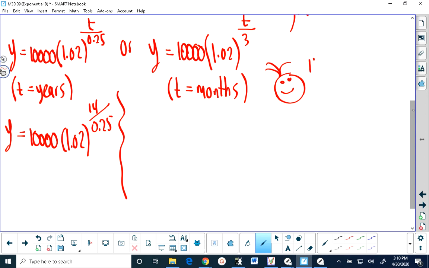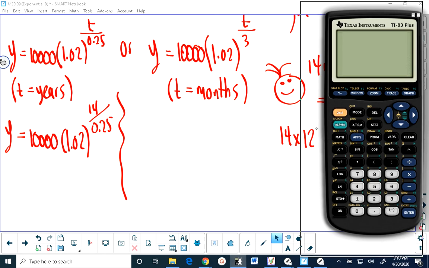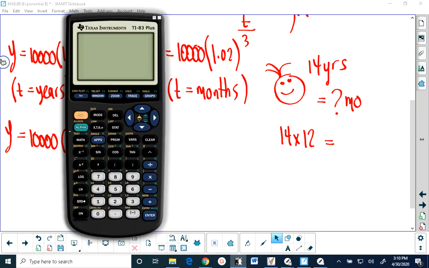I have to figure out how many months 14 years is, because the equation on the right has to use months. Well, that's pretty easy to do. I'm just going to take 14 multiplied by 12, and this will be the number of months. So it's 168 months.